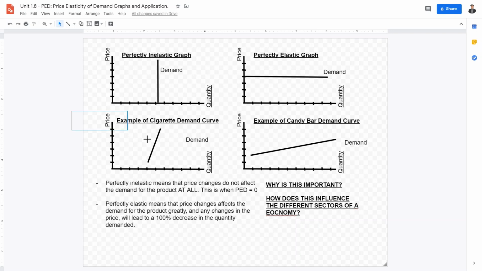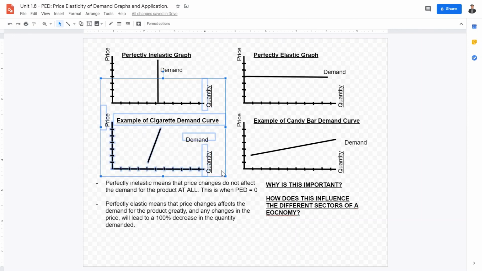Now, it is also important to consider the perspective of the producers. Let's say you are a producer of cigarettes, okay? You own a cigarette or tobacco company. When you look at the price elasticity of demand being relatively inelastic, you are incentivized to raise your prices so as to maximize your profit, because at higher prices, although you lose some quantity demanded, the increase in your revenue will make up for the loss in quantity demanded.